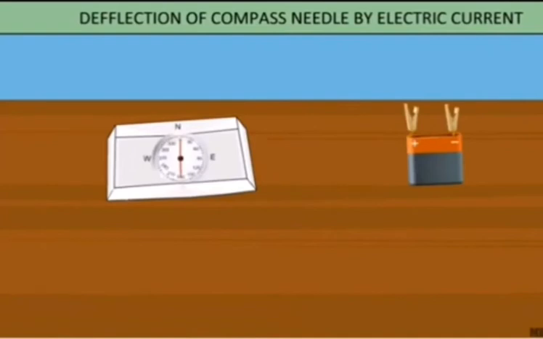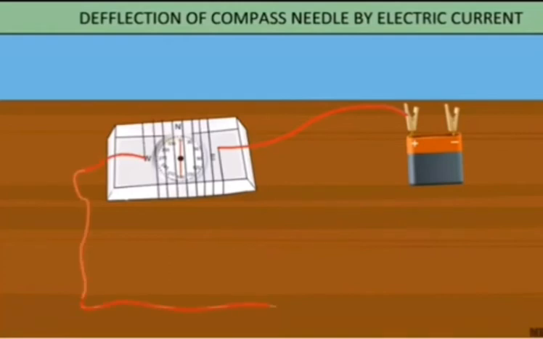Take a matchbox, tie an electric wire over it, and put a magnetic compass over it. Now connect one end of the wire to a terminal of a battery. Leave the other end free. Take another piece of wire and connect it to the other terminal of the battery, as shown in the figure.